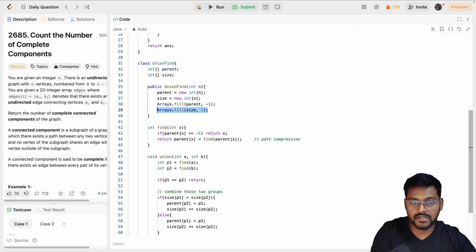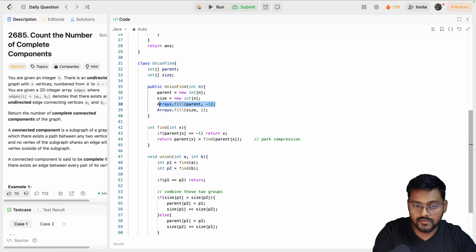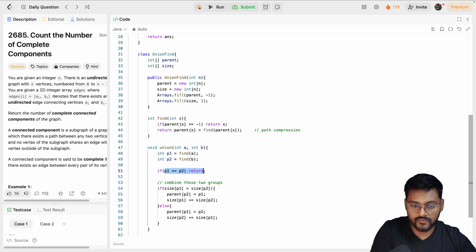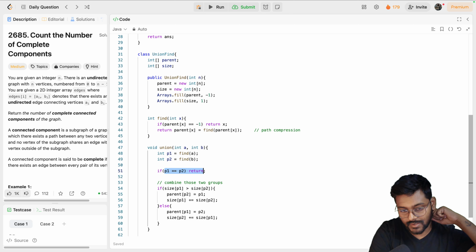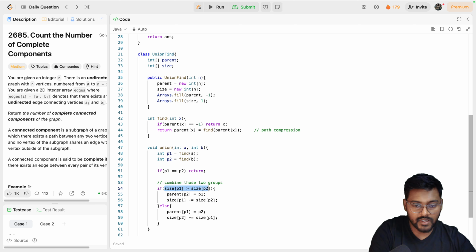So initially the size is 1, parent is initialized with -1, and find with path compression, and union these two connected components. If they are already part of the same component, then do nothing. Otherwise, whatever is the parent of the bigger block, just make him the parent.